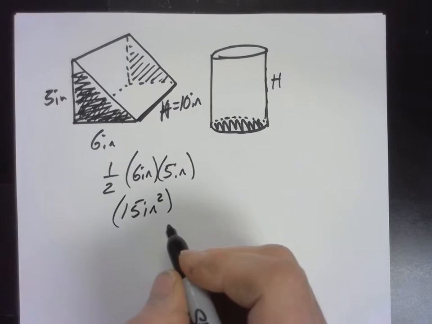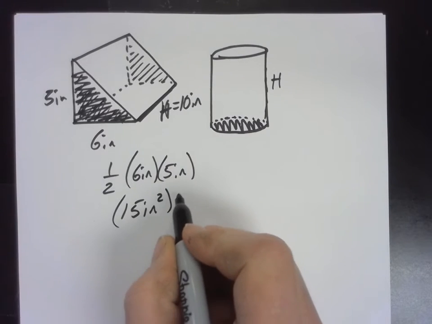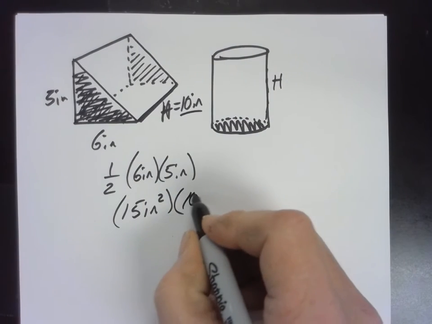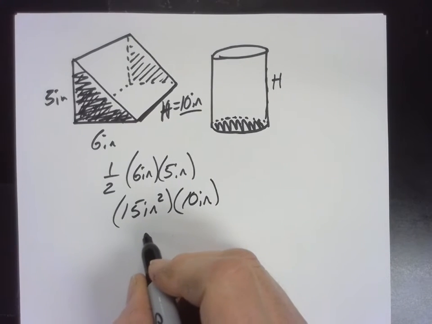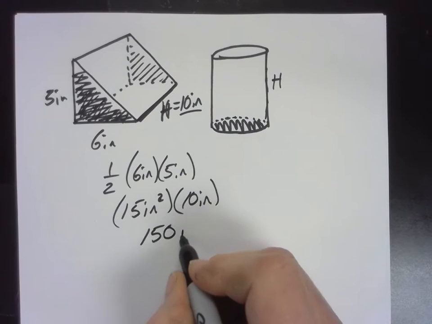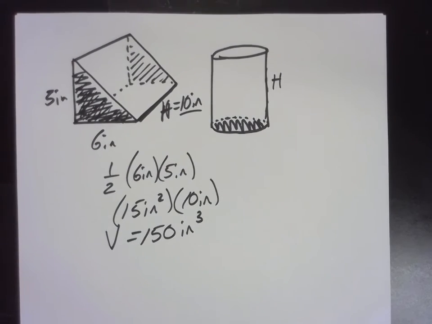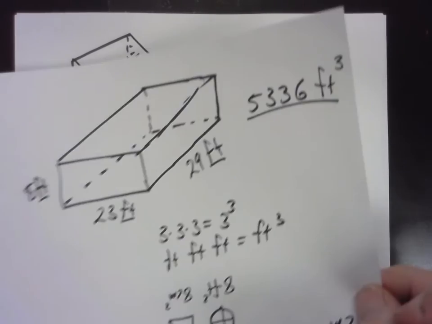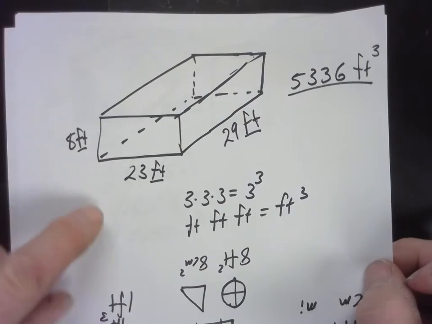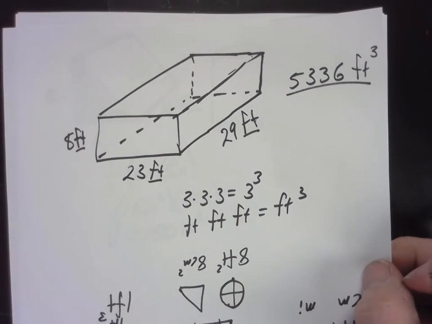It's the area of the base, right? That's squares. Times the height, 150. And what's square inches times inches? Cubic inches, and that's the volume. Okay, that's our volume. We don't worry about that so much when we look at a rectangular solid. We just multiply the 3 dimensions together, but it's still area of the base times height, however you look at it. Okay.